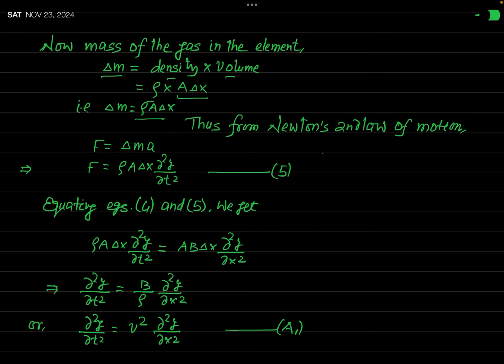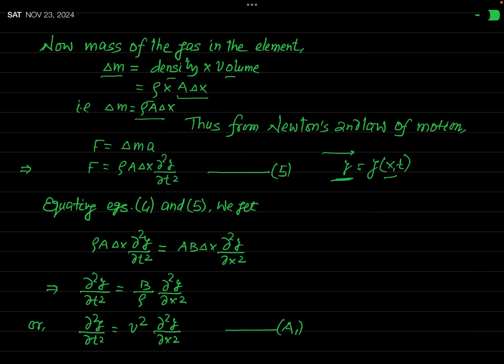Now in the x direction, our element suffers a displacement y. So y is its longitudinal displacement. And when you take the second order derivative of this y with respect to time t, you will get its acceleration. Here you can think that y is not only a function of t, but along with t, it is also x dependent.